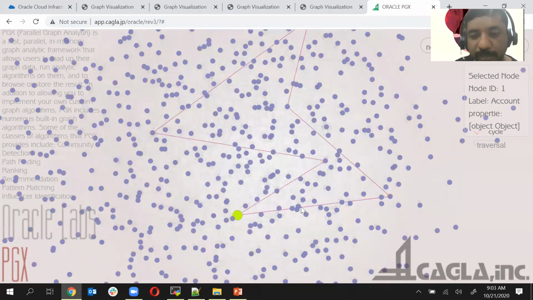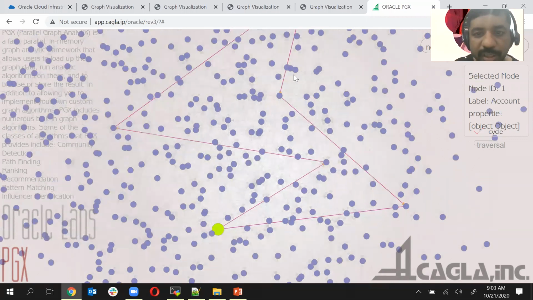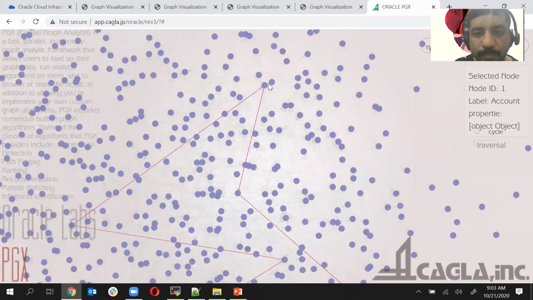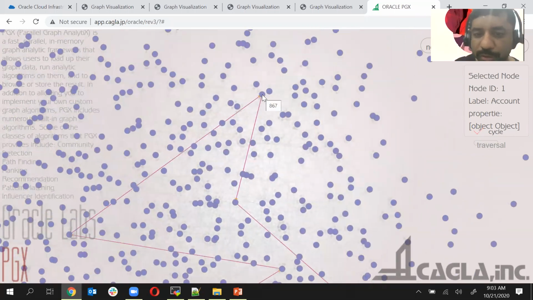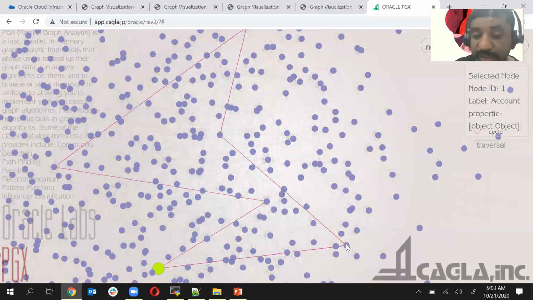So we can zoom as well, and we can see that from node ID 1, there has been a transaction to node ID 259, 259 to 387, from 387 to 867, from 867 to 38, and similarly to 687, and then it comes back to node ID 1.